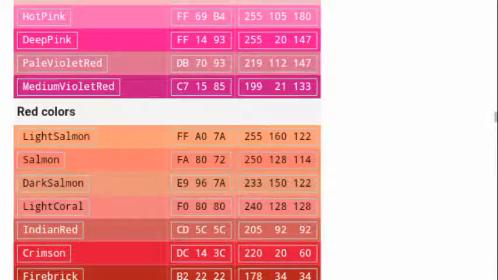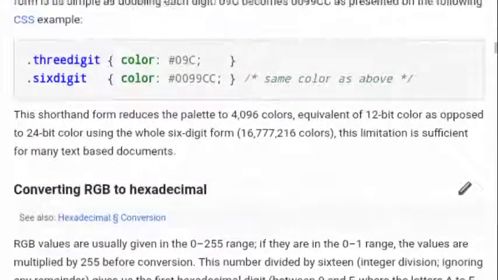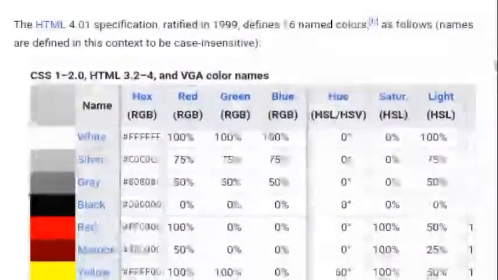So what I'm trying to say is there is not just one red color. There are many red colors. We have just read over 16 million, roughly 16,700,000 colors. There you are again. So that is beautiful.